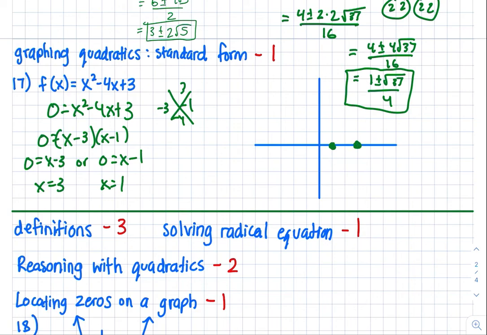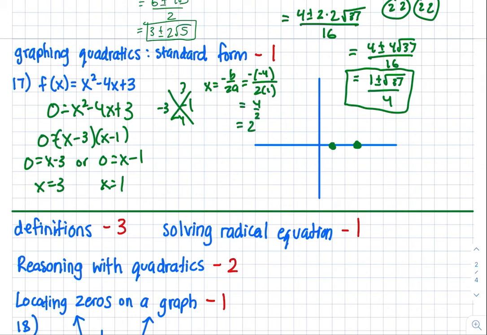And now, to find your vertex, right? X is equal to negative b over 2a. So our b is negative 4. So negative of negative 4 all over 2a, which is 2 times 1. 4 over 2, 2.